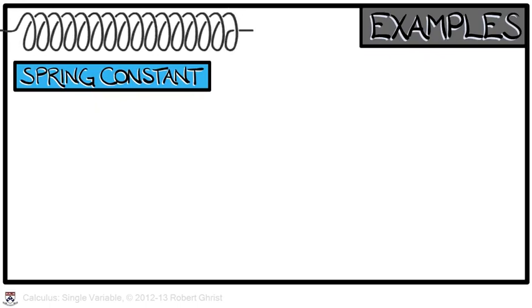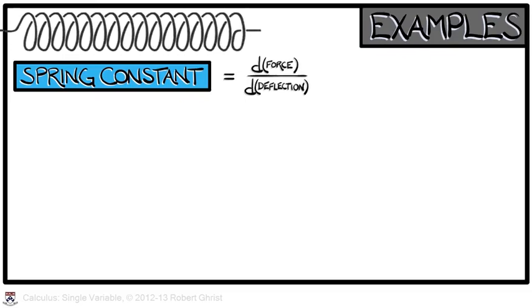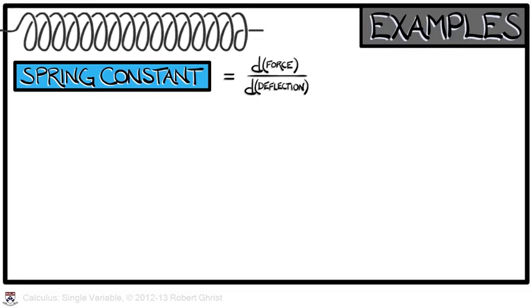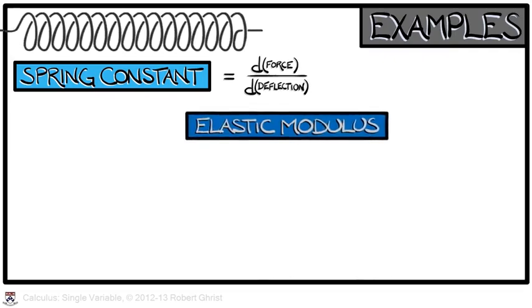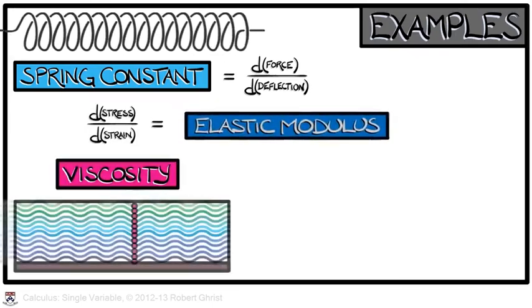If you look at a spring, one can define the spring constant as the rate of change of the force applied with respect to the deflection. The elastic modulus of a stretchy material is a rate of change of stress with respect to strain.